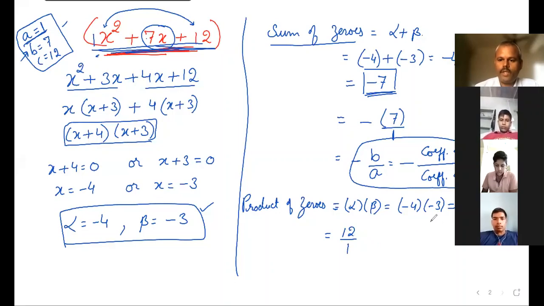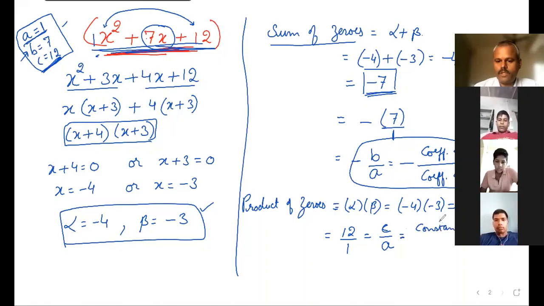Yes, sir. And now here, if you come back to this polynomial, what is 12? C. 12 is C. So 12 upon 1 means it can be written as C upon A. And what is C? 12.